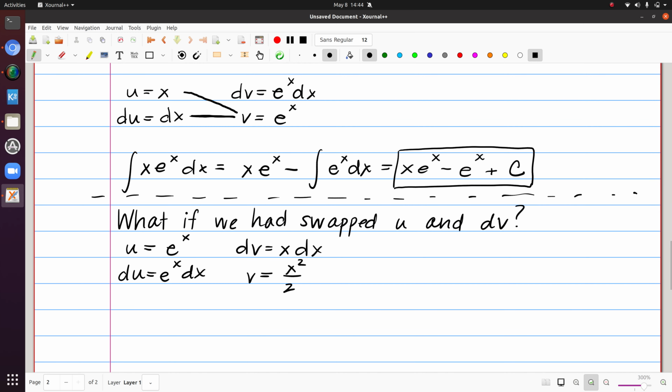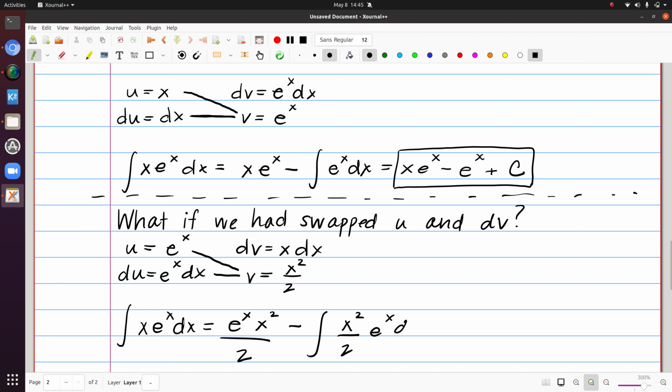So from the page above, we would rewrite the original integral as u times v, which in this case is e to the x times x squared over 2, minus the integral of v du, which would be x squared over 2 e to the x dx.